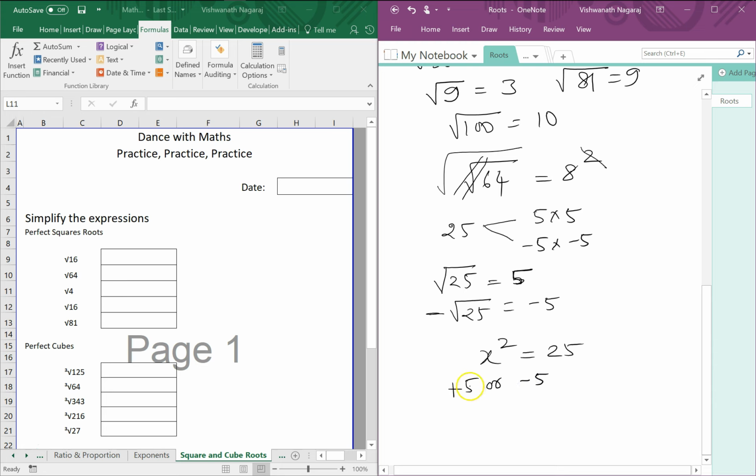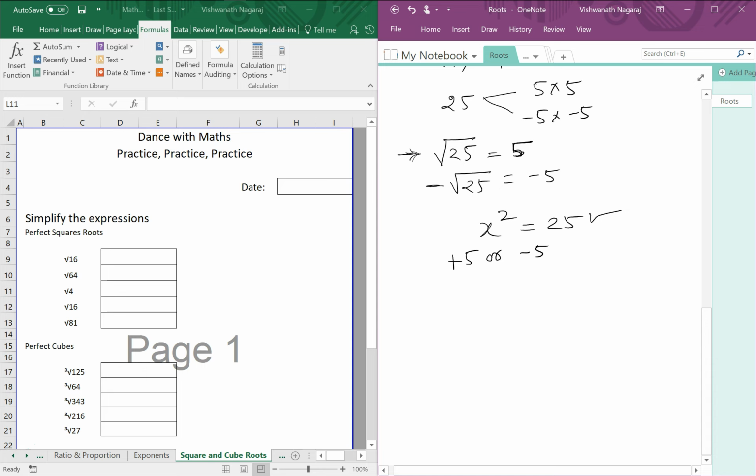Because in place of x, if you put 5, square is 25. In place of x, if you write minus 5, that is also 25. So the answer to this question is plus or minus 5. But the answer to the square root question is 5. Be very clear about this.